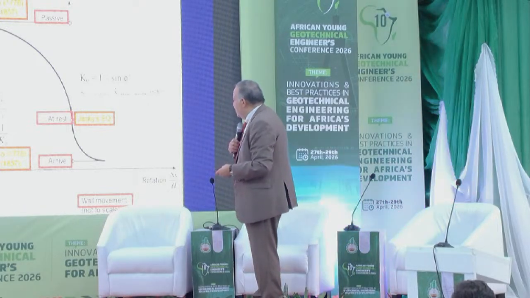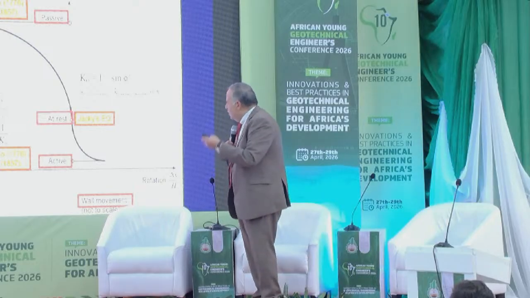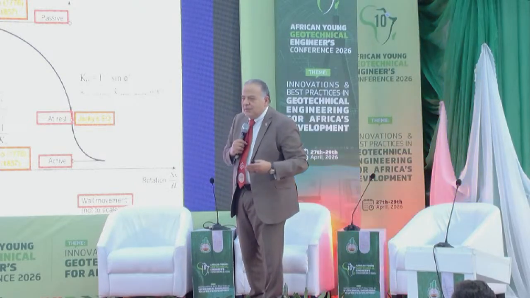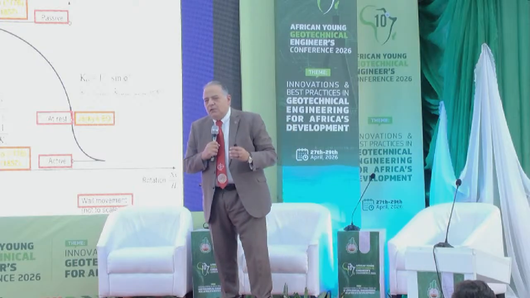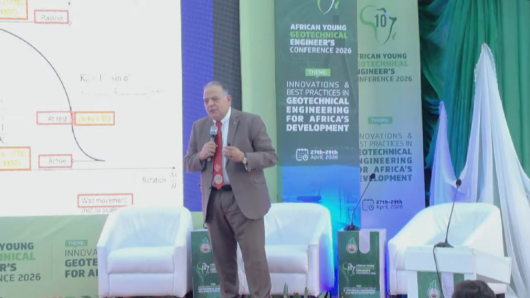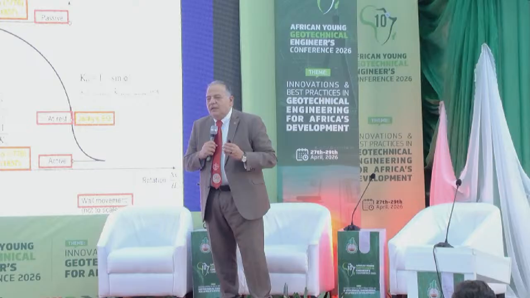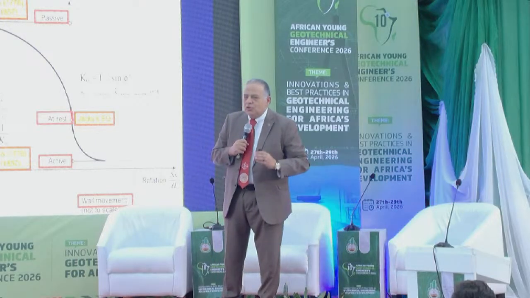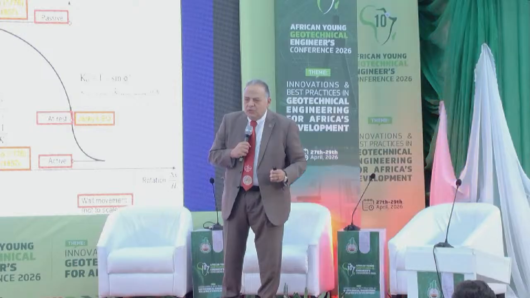For the at rest, we can use Jaky's equation, and one version of this equation is 1 minus sine phi, which we call the K naught, or the at rest pressure coefficient, when we have soil in the normally consolidated situation.